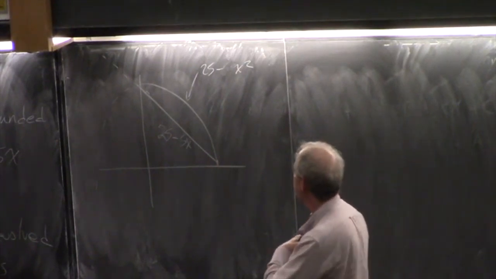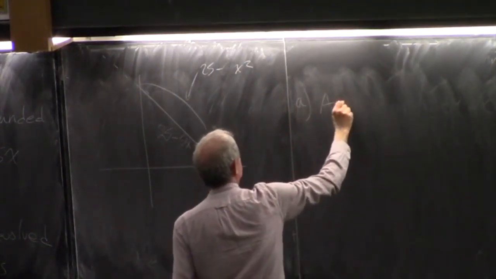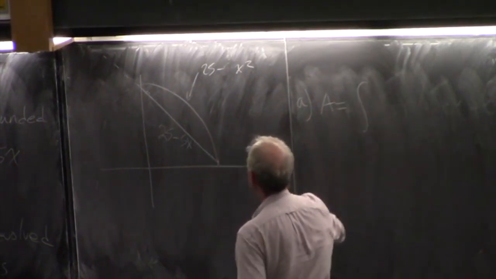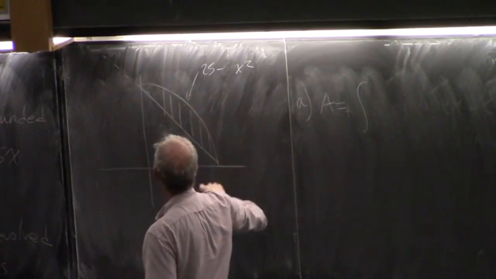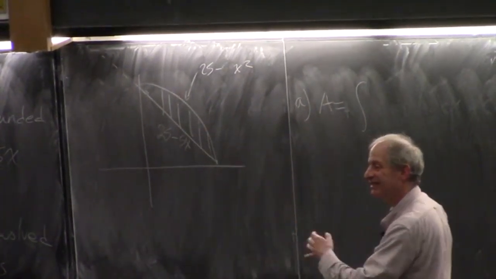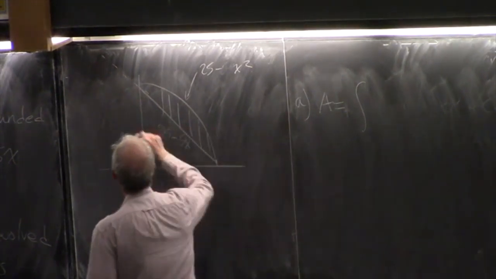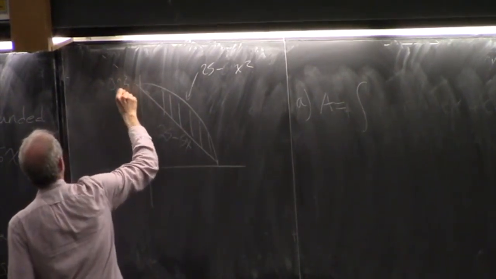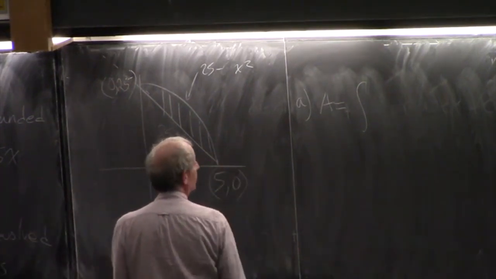Okay. Area simply equals the integral from here to here of our slices. So where do they intersect? Well, this is 0, 25. This is 5, 0.